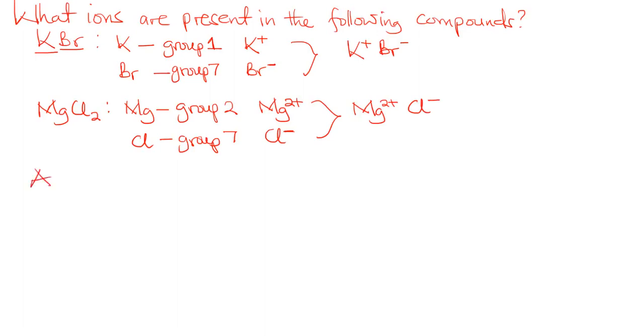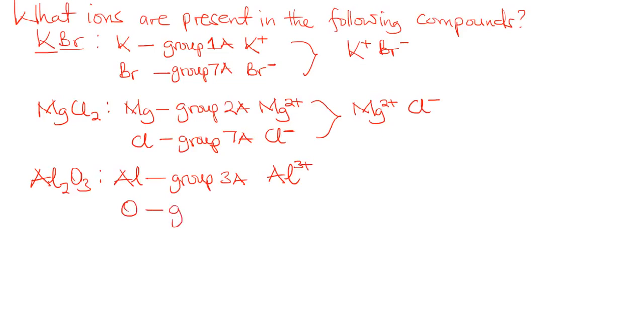Now we have aluminum O3. So here aluminum is in group 3. So we need to put A here. Here also A, here A. All these groups are A. So aluminum is in group 3A. Therefore, the ion will become Al3 plus.